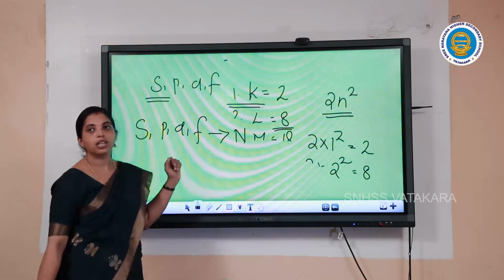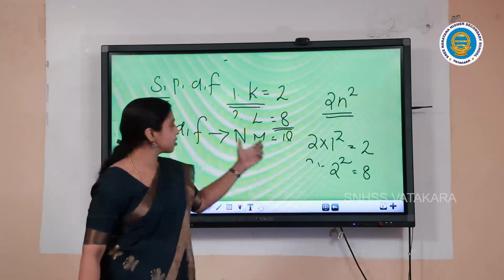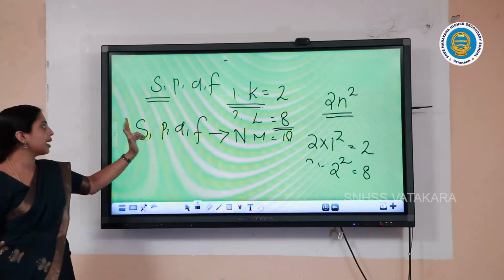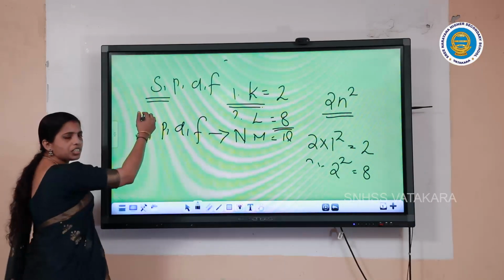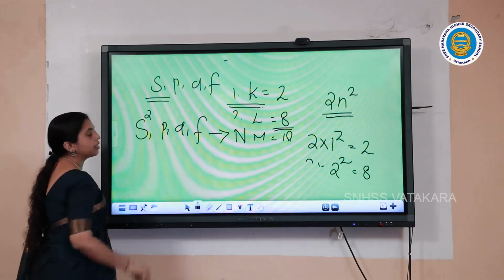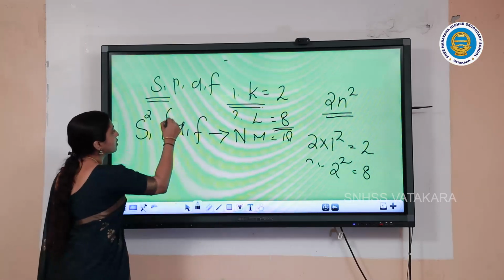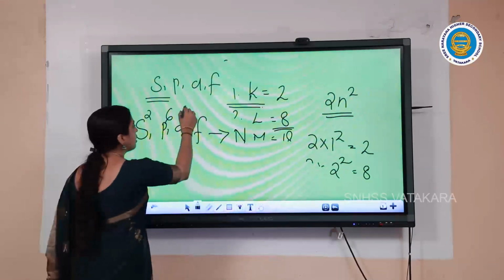Then what about the electrons in S, P and D? S, how much is it? 2. Then P, 6. D, 10.